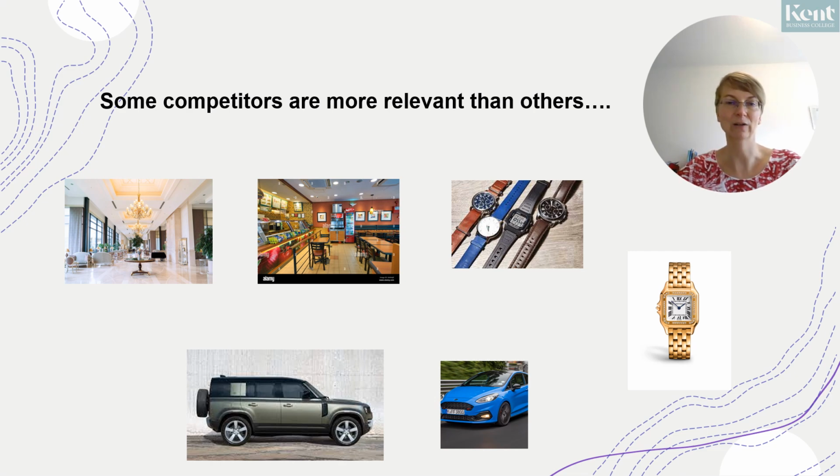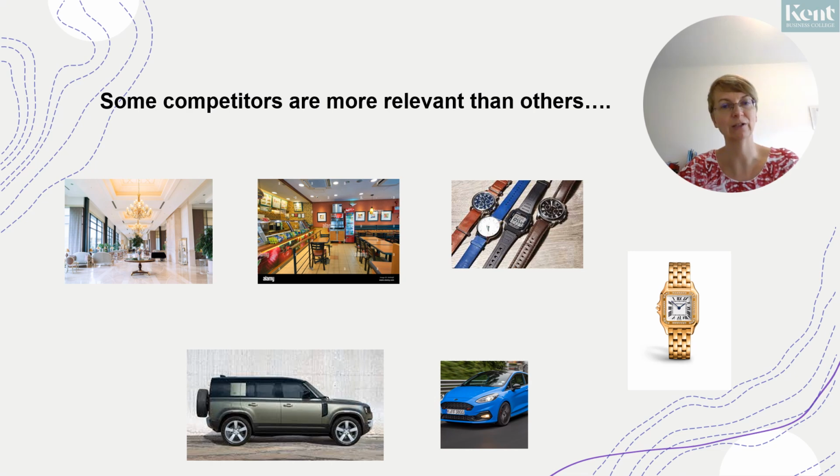When you compare these watches with this watch, when you compare Land Rover with any other low-cost car, or when you look at a youth hostel and a 5-star hotel, they are all operating in the same industry, but that does not mean that they are direct competitors or that they are very relevant for you as a business, because they serve a different market.